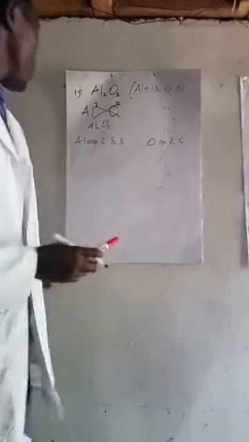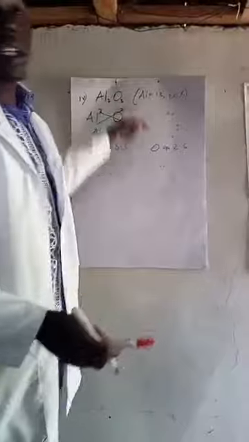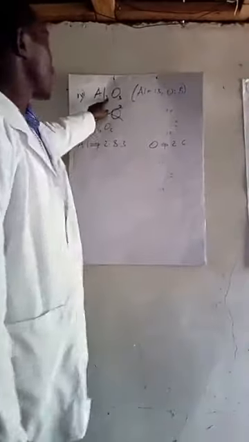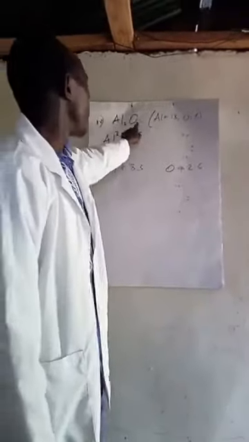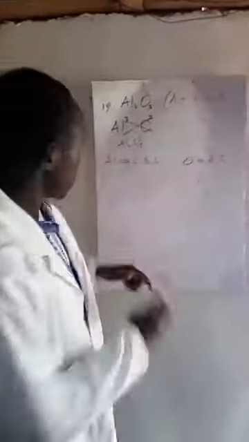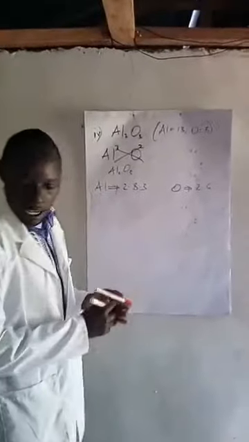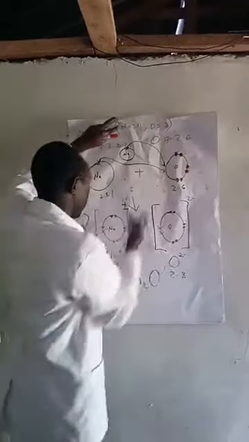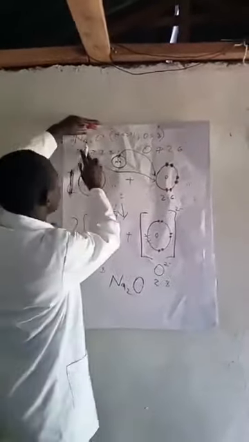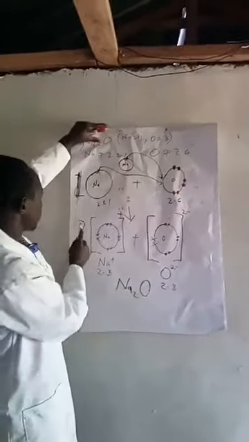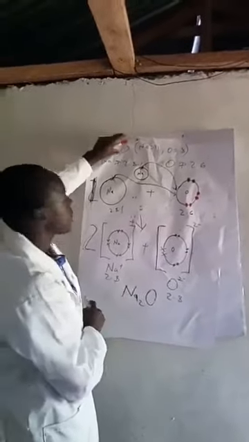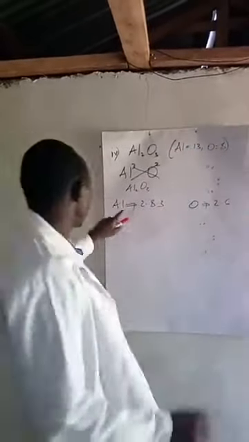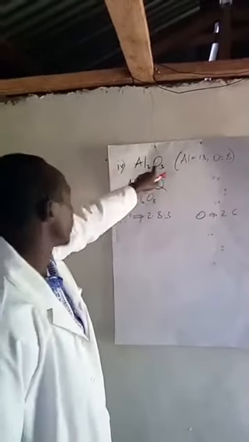So when you write Al2O3, it simply means you require 2 aluminiums for every 3 oxygens. As we looked at for sodium, where Na2 means you require 2 sodiums, similarly here we require 2 aluminiums and 3 oxygens.